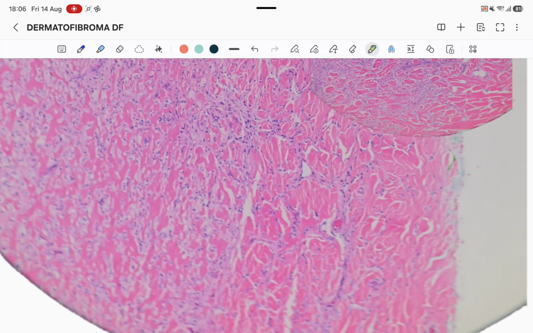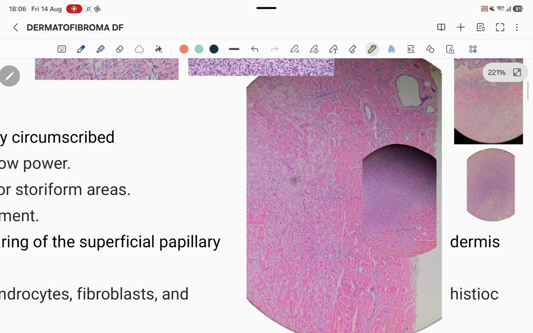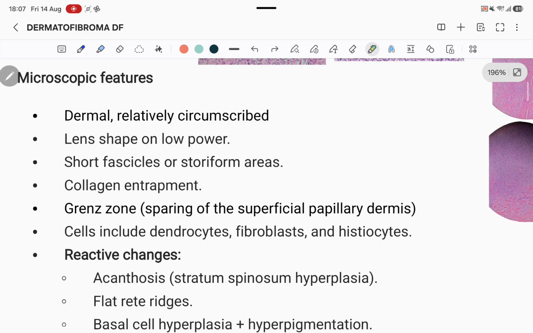Alright, so that's basically it: collagen getting trapped in the peripheries specifically. If you look at the peripheries of this tumor, you're typically going to see this. And I think the pattern here, there are 2 or 3 other patterns that can be there, but this one looks like a haphazard or patternless pattern.